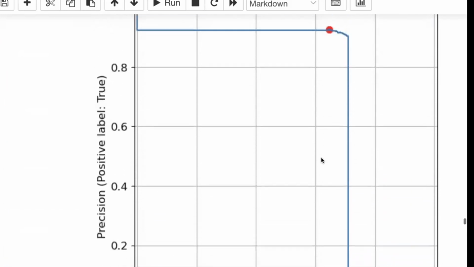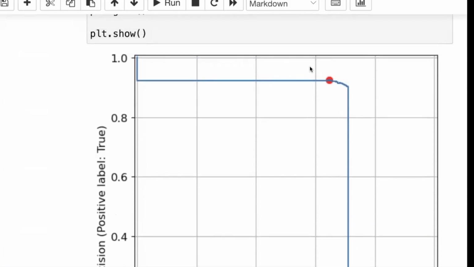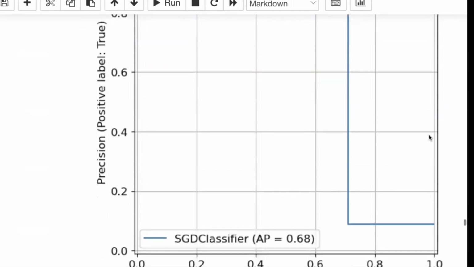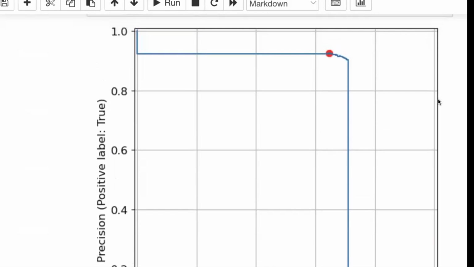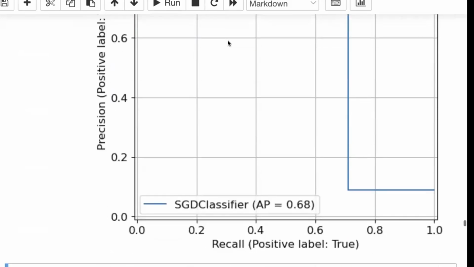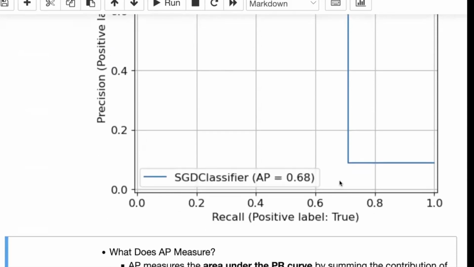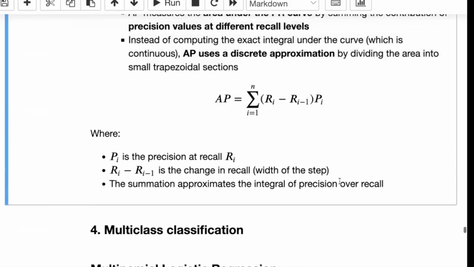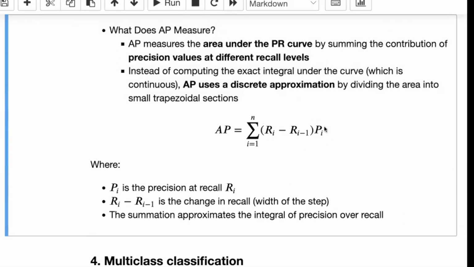So if you have an ideal case where this thing is constant at one and then goes to zero at this very edge point, then obviously this will give you area one, because the P is always one, the precision value, and you're going to have these different segments on your x-axis, find probabilities, add them together. However, as you can see, when Ps or precision values are less than one, you plug in these values here, and this summation will give you an approximation of the area under the PR curve.